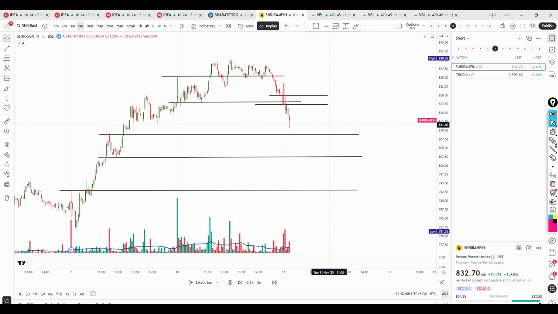This is the previous low. It retraces back, then it continues the trend.